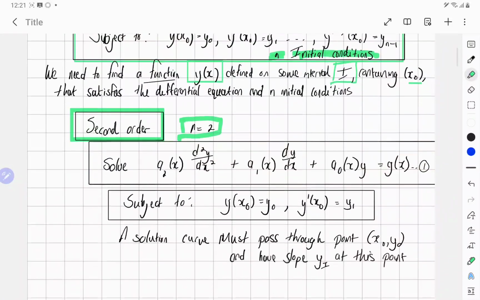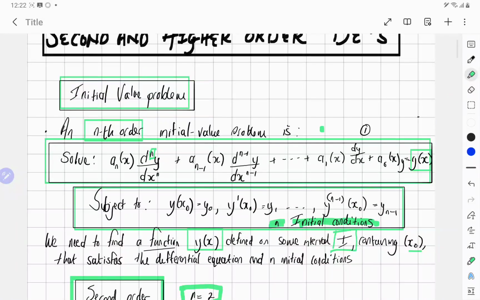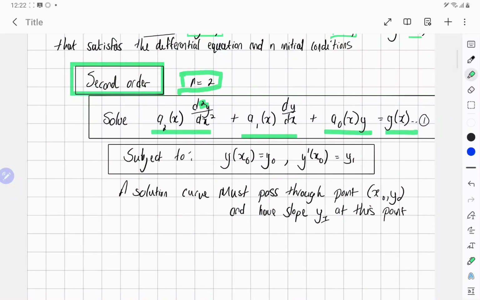So in other words, here I have my second order differential equation. Why second order? Just look carefully here. The highest derivative is of second order. Here, the highest derivative is nth order. So we can also get fourth order. We can get third order or any higher order.